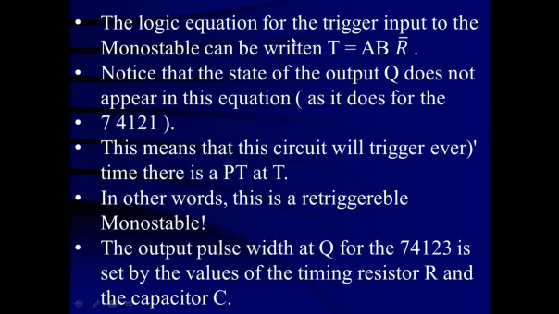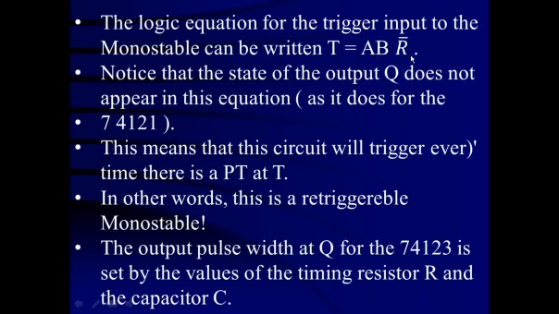The logic equation for the trigger input to the monostable can be written as P equals A B R bar. Notice that the state of the output Q does not appear in this equation, as it does for the 74121. There is no dependence on the state of the output Q or Q bar.